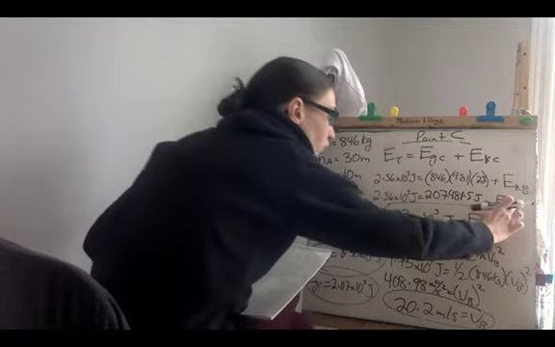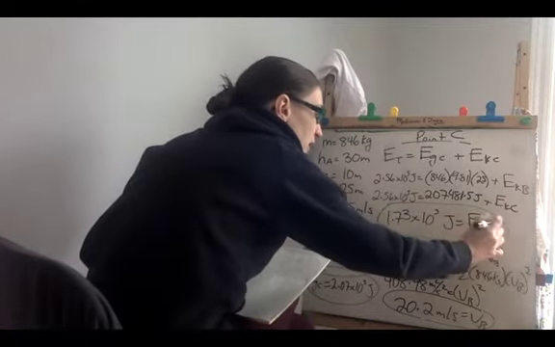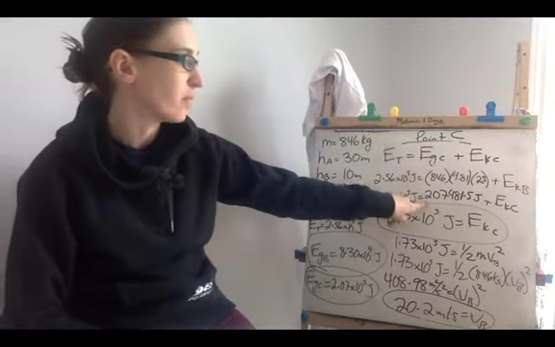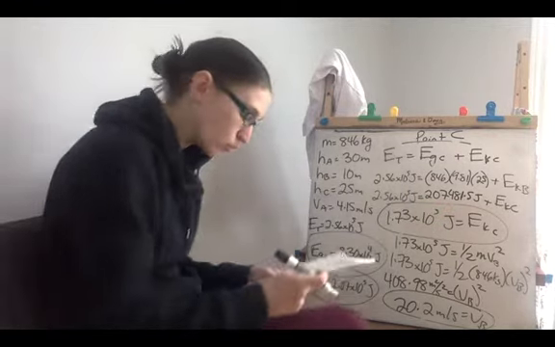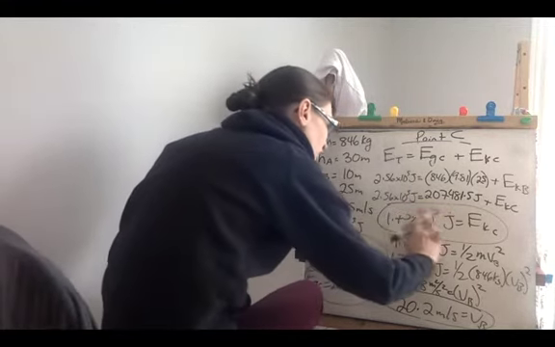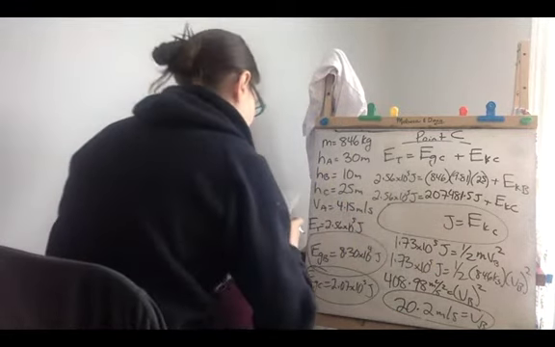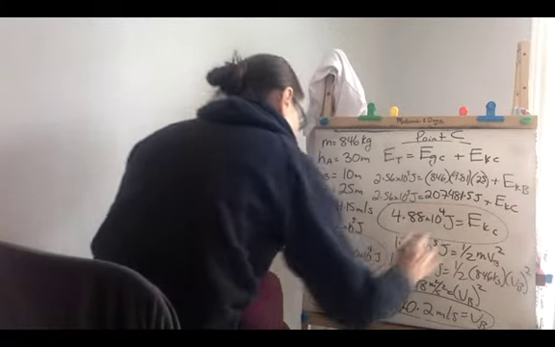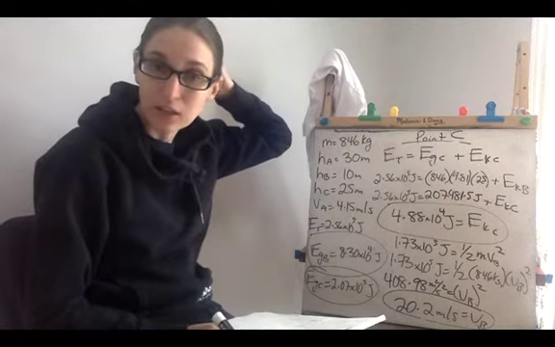So now if we're looking for, well, then what would be the kinetic energy at point C? It's again just a subtraction of that 2.56 times 10 to the 5 minus that 207,481.5 joules, and that actually gives us a value of 4.88 times 10 to the 4 joules, and that's our kinetic energy at C here.